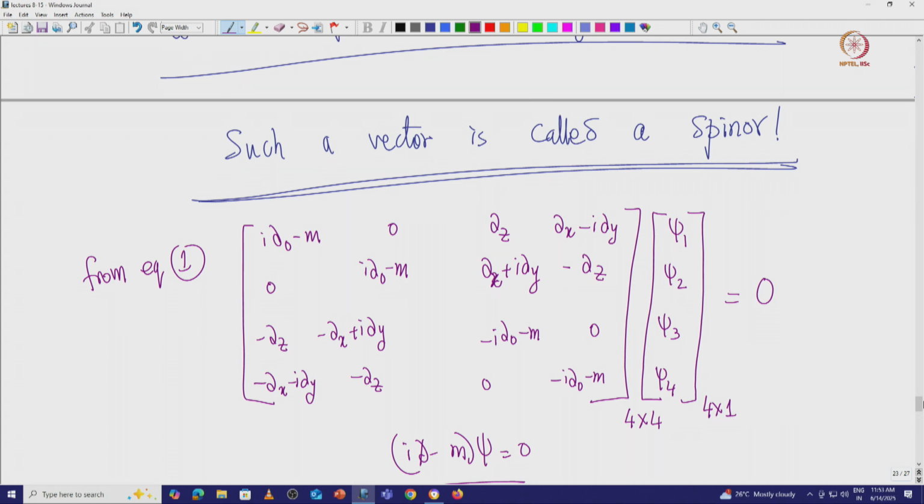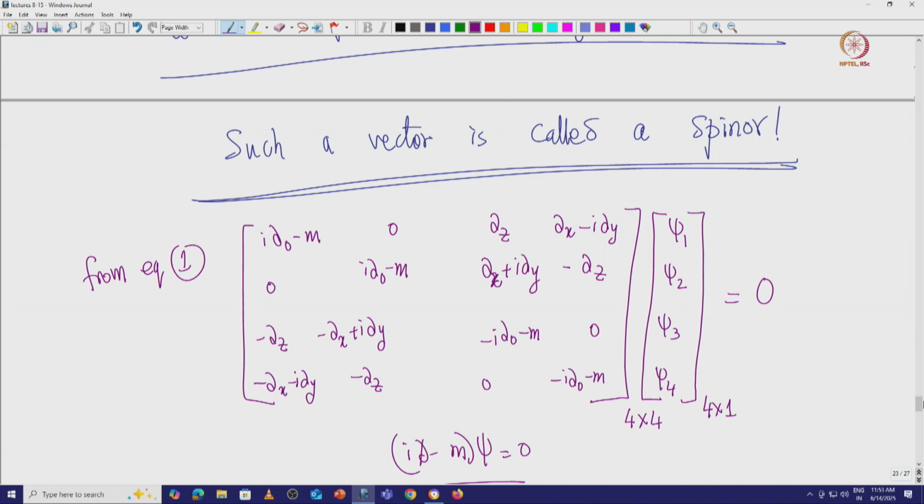You set the off diagonal entries to 0 and then you see the static solutions very simply: the first two have positive energy solutions and the next two have negative energy solutions.